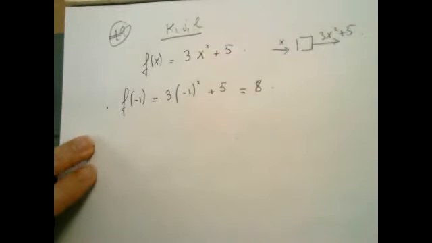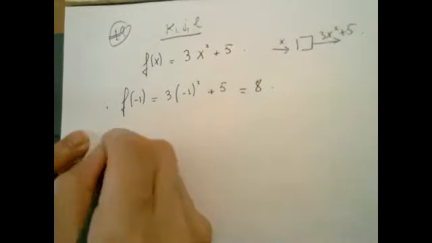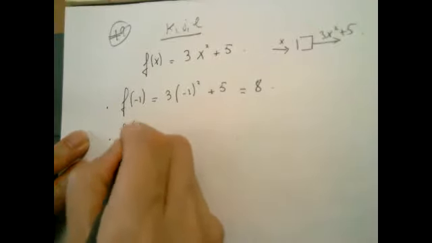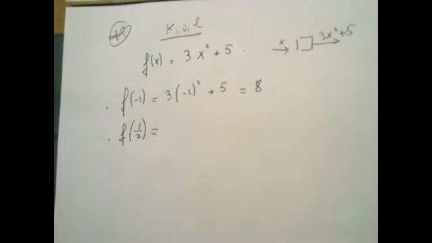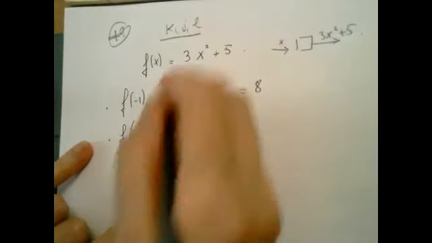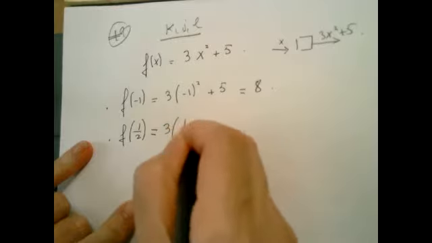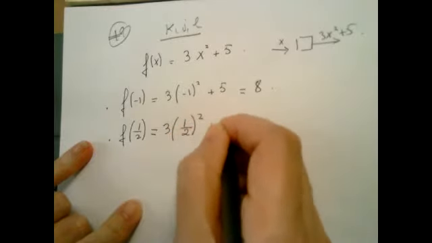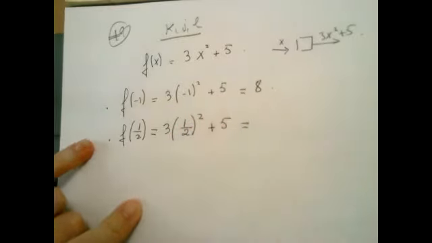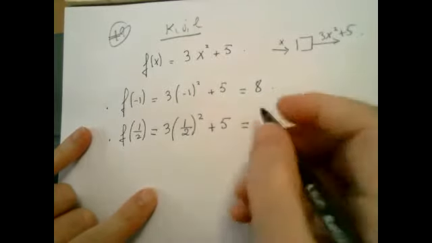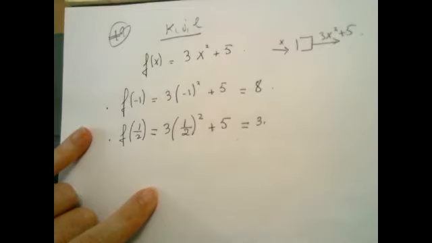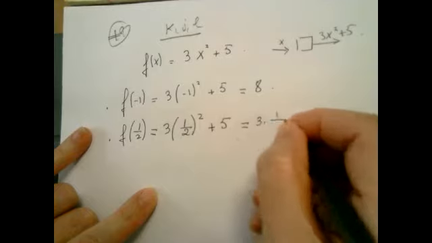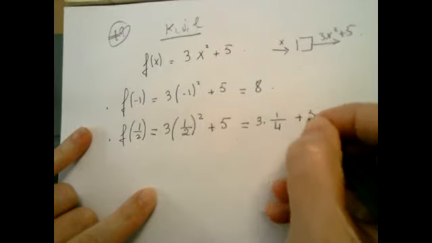Now, let's do another one quickly. What is f of 1/2? So it is 3 times a half squared plus 5. What is a half squared? It's a half times a half, which is 1/4.